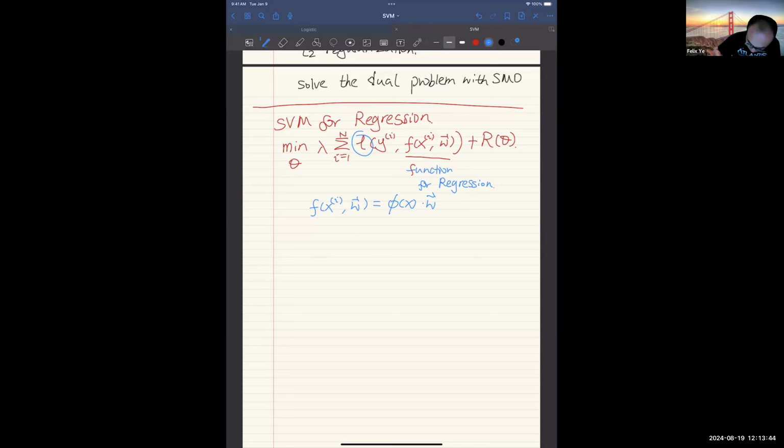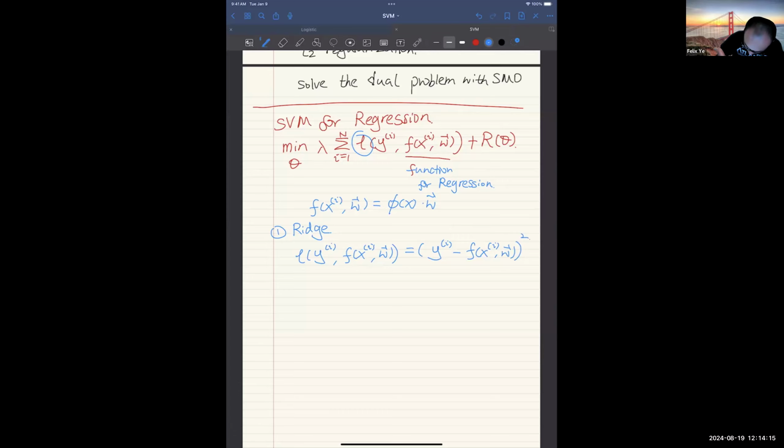For example, we can propose the ridge regression, where my loss is just a square loss. That means it's just the difference between the output and the ground truth, and then we square it.